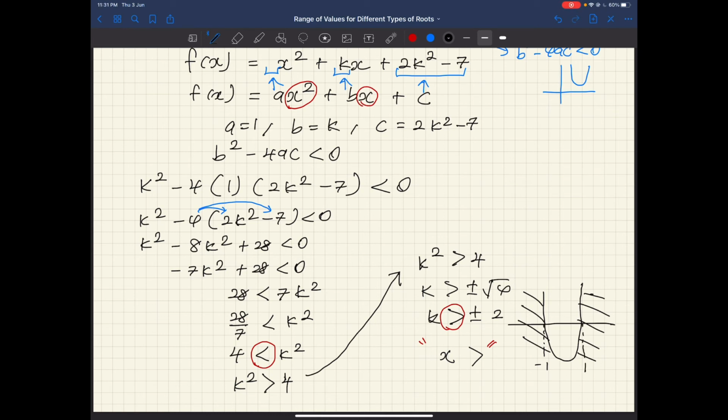So your values are going to look something like this. Likewise, this is going to be the same as well. So let's draw a graph. Here we are talking about k, so the values here will be k.